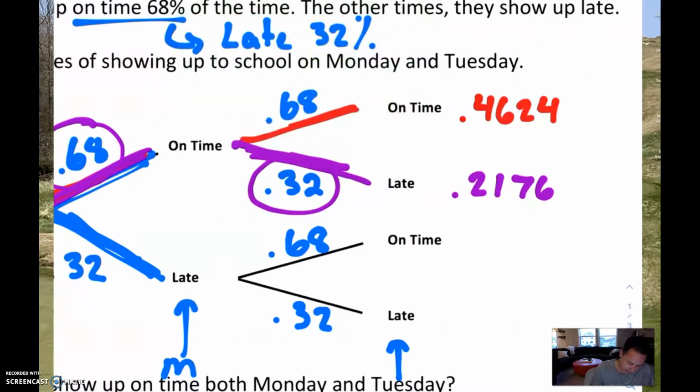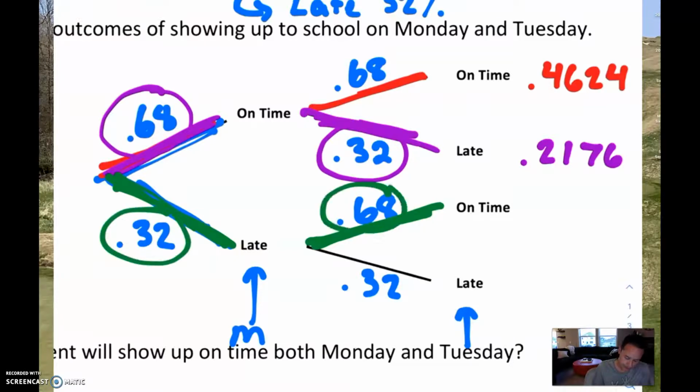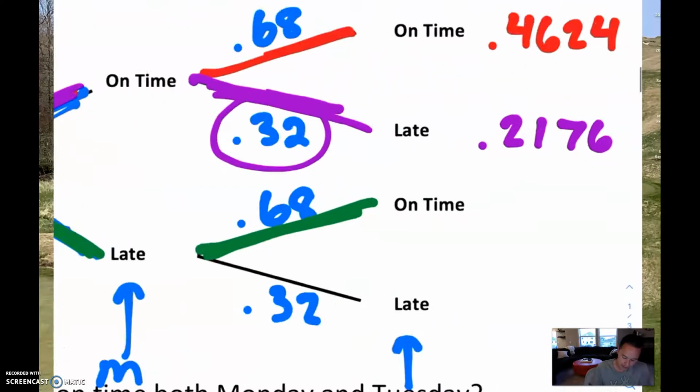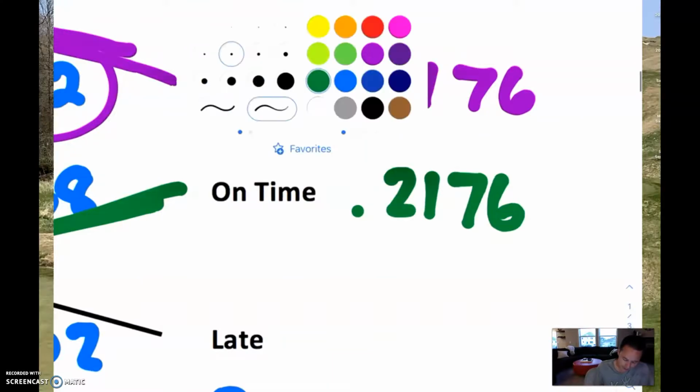Let's use a different color here. For this next one, they could be late on Monday, but then they learn their lesson and they're on time on Tuesday, so we take 0.32 times 0.68, multiply those together, and we again get 0.2176.